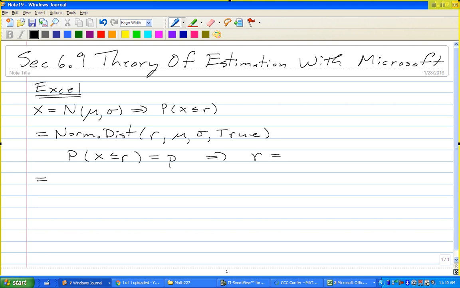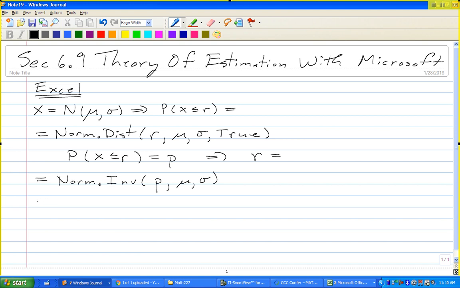So you would say norm inverse of p, and then you have mu and sigma as your mean and standard deviation.